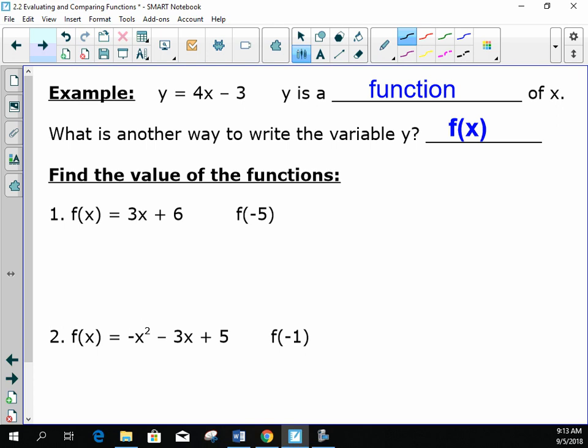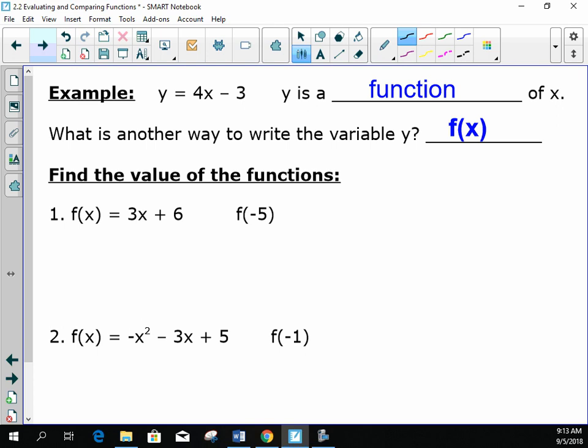Then you come down here and now you see f of -5. Well, this is f of x, so it only makes sense that that is your x value, okay? That's what they're saying. So let's stop for a second and let's talk about yesterday a little bit.